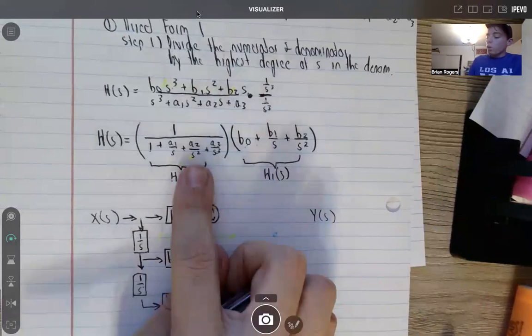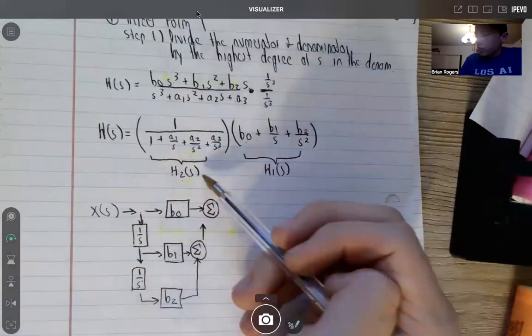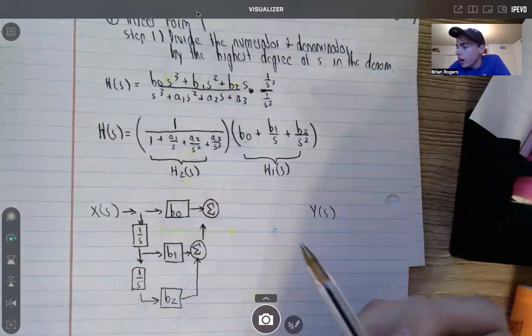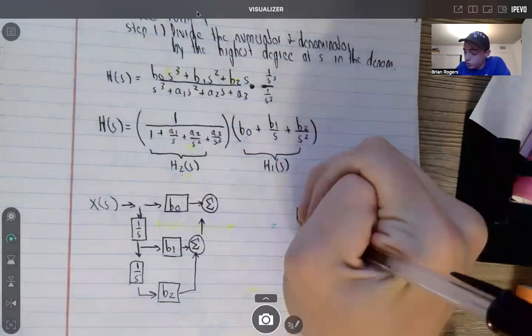So what are we going to do? Well, we need to write out our H2 of s, what that's going to look like. So our H2 of s is going to be formatted such that from our output, how are we going to form our H2 of s?